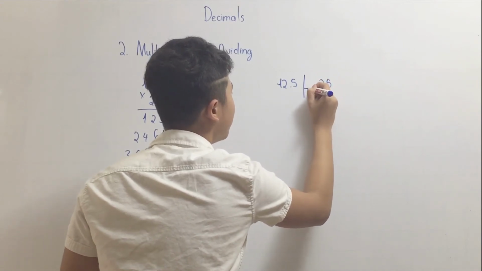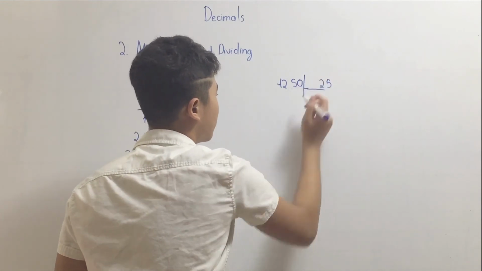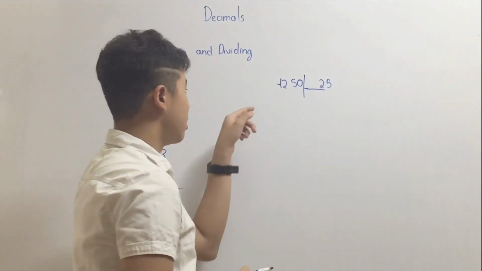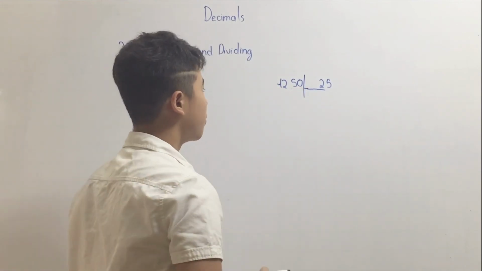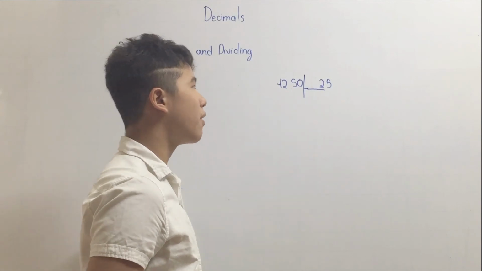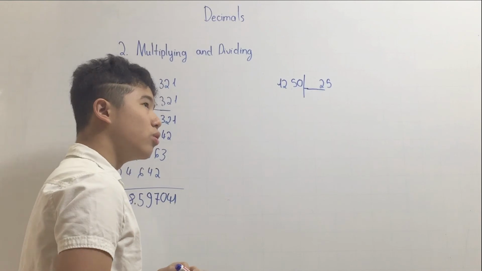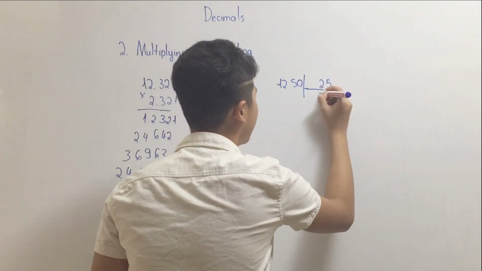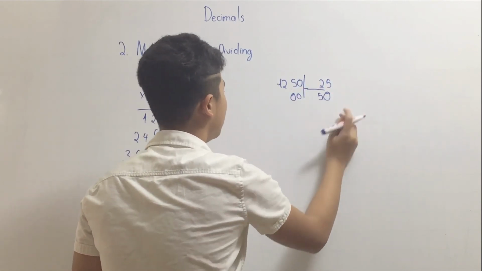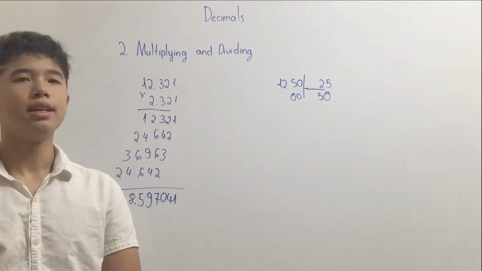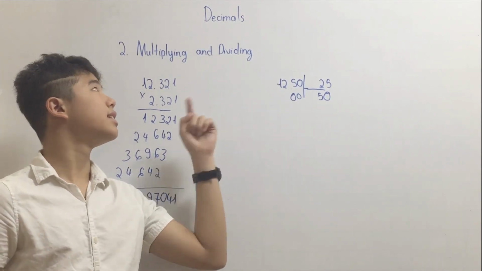This becomes 25, and this becomes 1250. 12 divided by 25, no, we cannot divide, so we take 125 divided by 25, which is equal to 5. Then 500 divided by 25 is 20, so the answer is 50. That is how we solve dividing decimals.